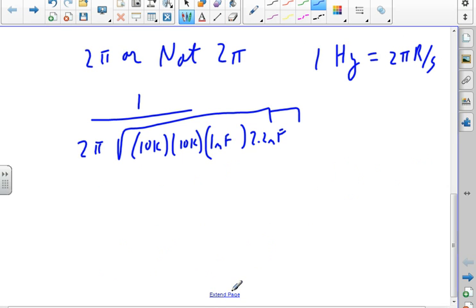That's what we're doing, and maybe my calculator will do that if I power it up. 1 divided by pi.